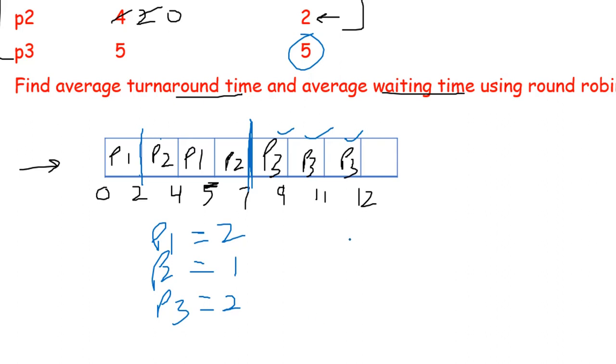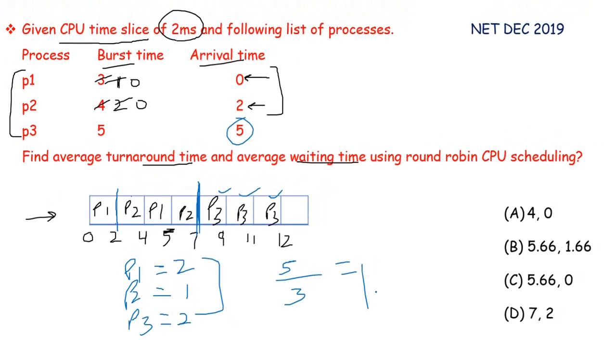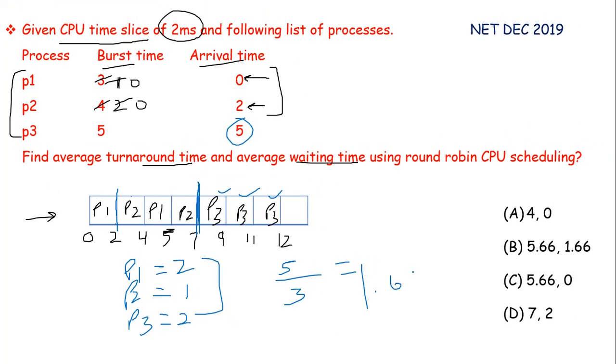So total waiting time is 2 plus 1 plus 2, that is 5. And average waiting time is 5 divided by 3, that is 1.66. Right? So from the given options, we can see that there is only option B where waiting time is 1.66. So our correct answer will be option B.